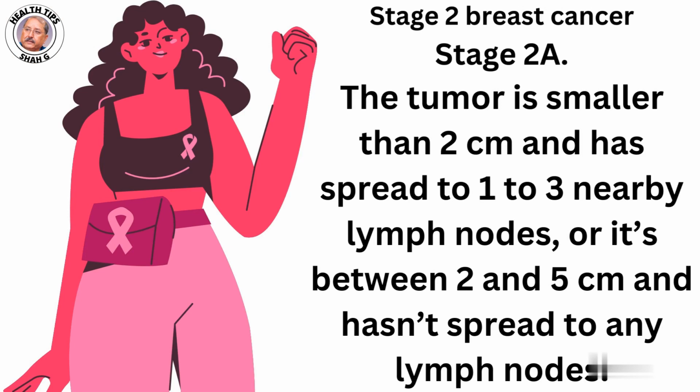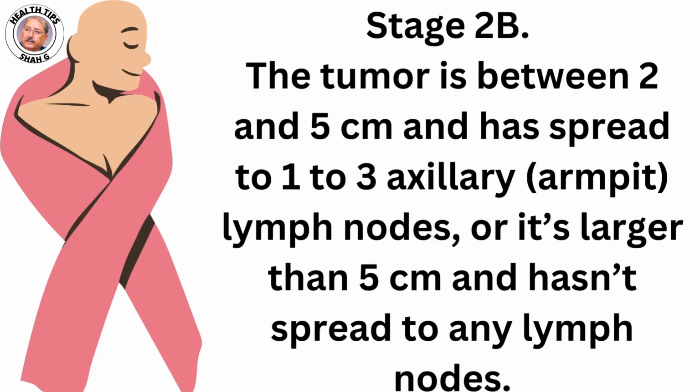Stage 2, breast cancer stage 2A: the tumor is smaller than 2 cm and has spread to 1 to 3 nearby lymph nodes, or it's between 2 and 5 cm and hasn't spread to any lymph nodes. Stage 2B: the tumor is between 2 and 5 cm and has spread to 1 to 3 axillary (armpit) lymph nodes, or it's larger than 5 cm and hasn't spread to any lymph nodes.